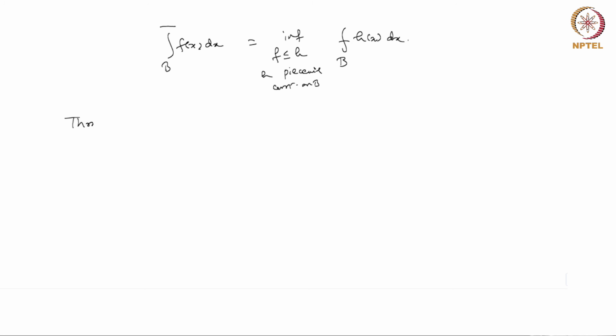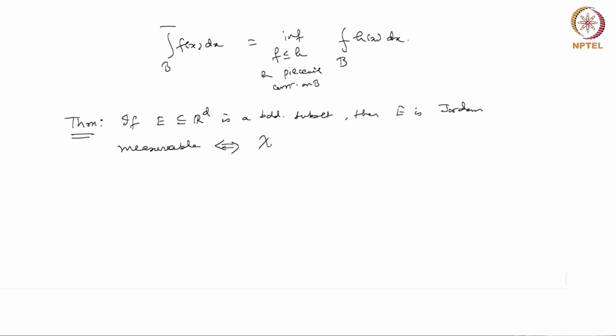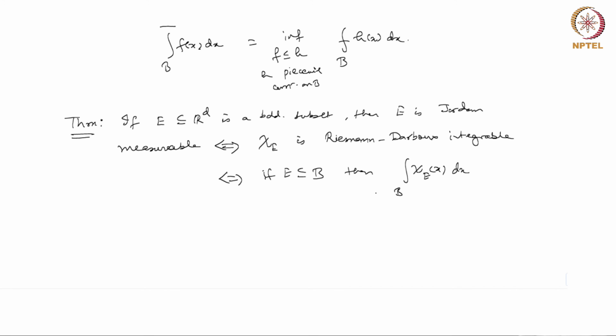So with these notions we can write the theorem, which is a generalization of the previous theorem for arbitrary dimensions. If E is a bounded subset of R^D, then E is Jordan measurable if and only if chi E is Riemann-Darboux integrable, which is the same as saying that if E is sitting inside a box B, then the Riemann-Darboux integral of chi E(x) dx over this box B exists.